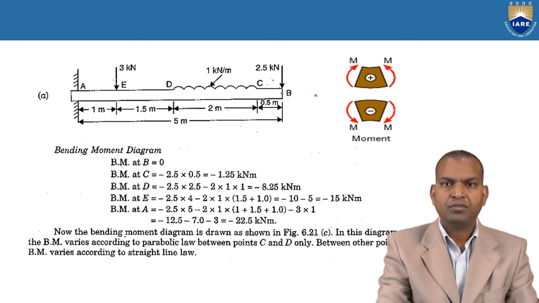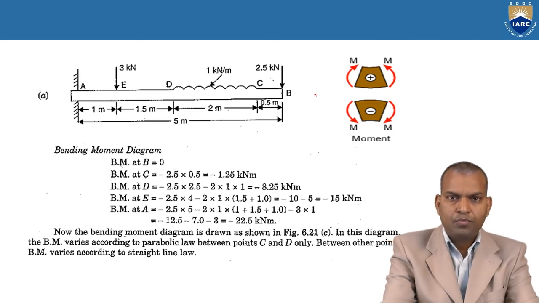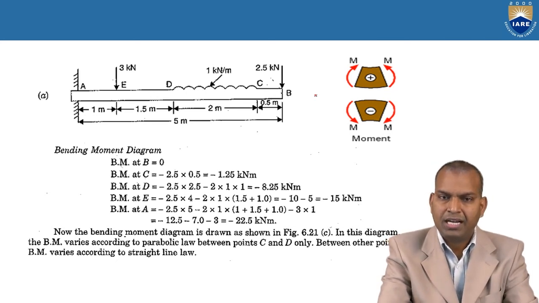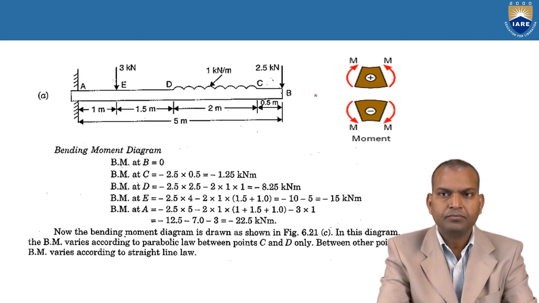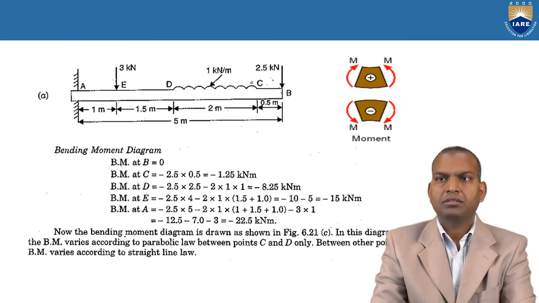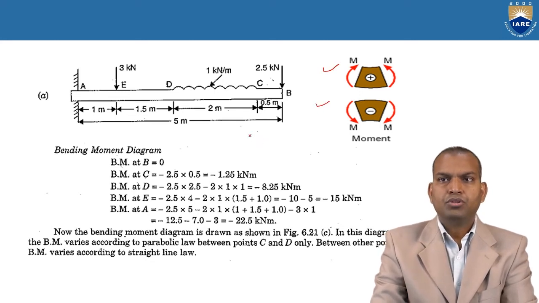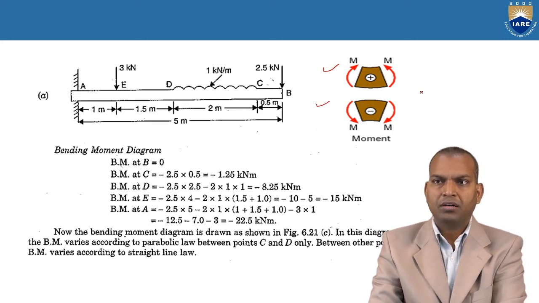So how to calculate bending moment values at various points, point A, point B, point C and point D. First of all, we have to draw the bending moment sign conventions. In the case of a cantilever beam, all loads are acting downwards.